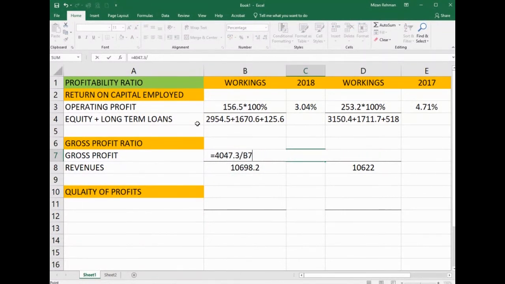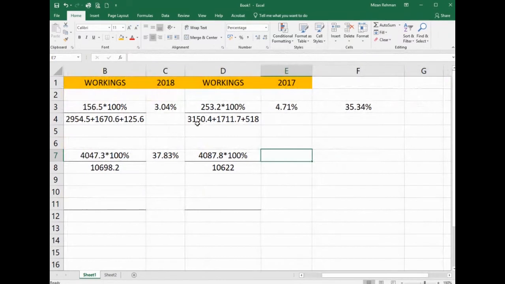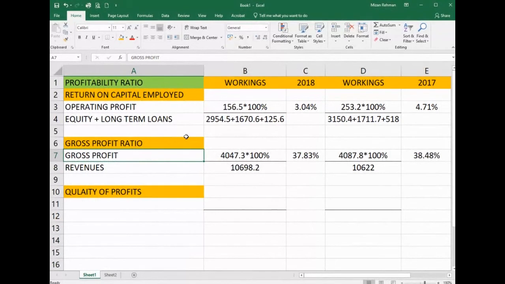4047.3 divided by 10698.2, and then 4087.8 divided by 10622. So we have calculated gross profit ratio for Marks and Spencer, 34.48, and we can see that it's very stable.